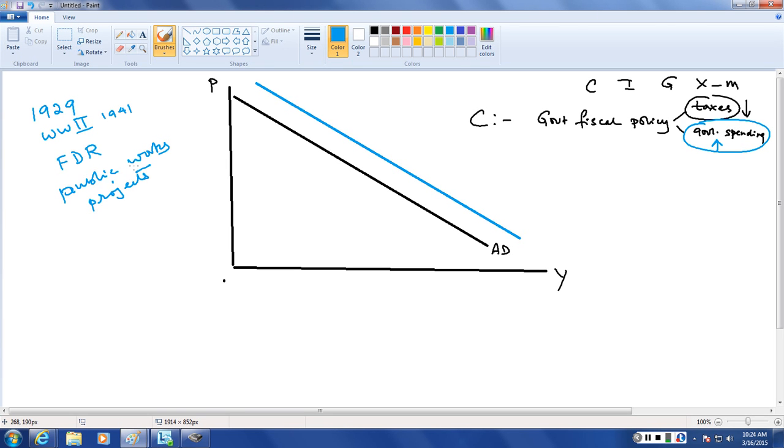So an increase in government spending causes an increase in consumption spending. Is that correct? So all these people on the government payroll now start to spend their paychecks, and this increases consumption spending. However, the story doesn't end there.